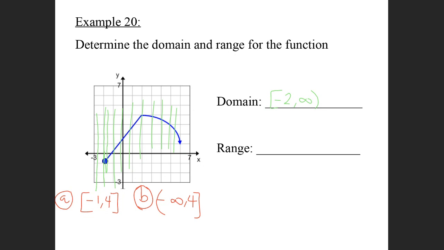Minus infinity to 4, or -1 to 4? It's B. -1 to 4, but we start from up.